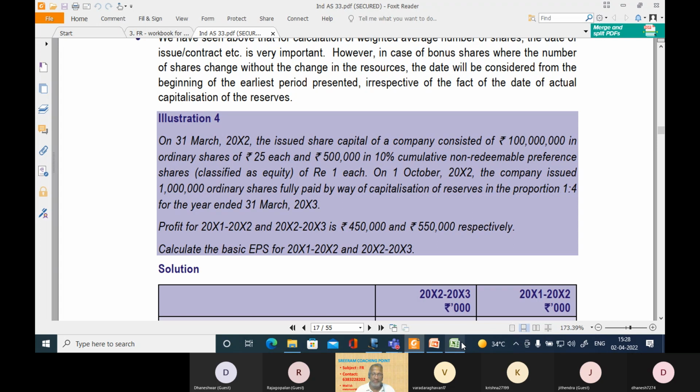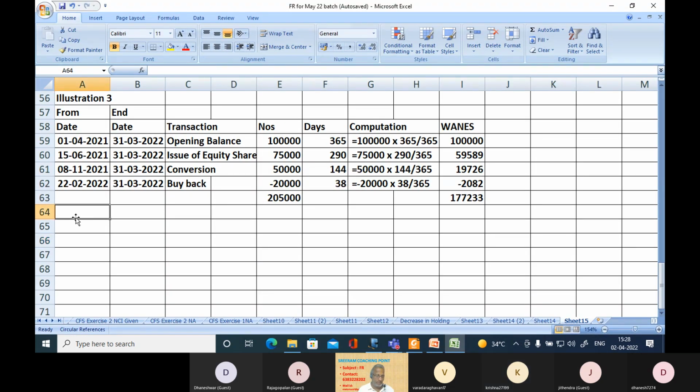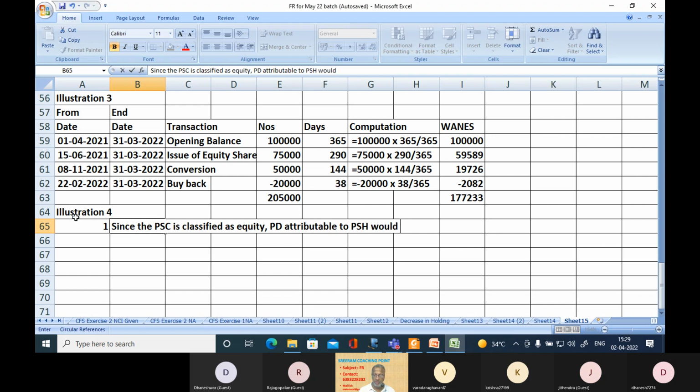Now let me take up the illustration. Point number 1. Since the preference share capital is classified as equity, preference dividend attributable to preference shareholders would not have been deducted from the net profit given in the problem.